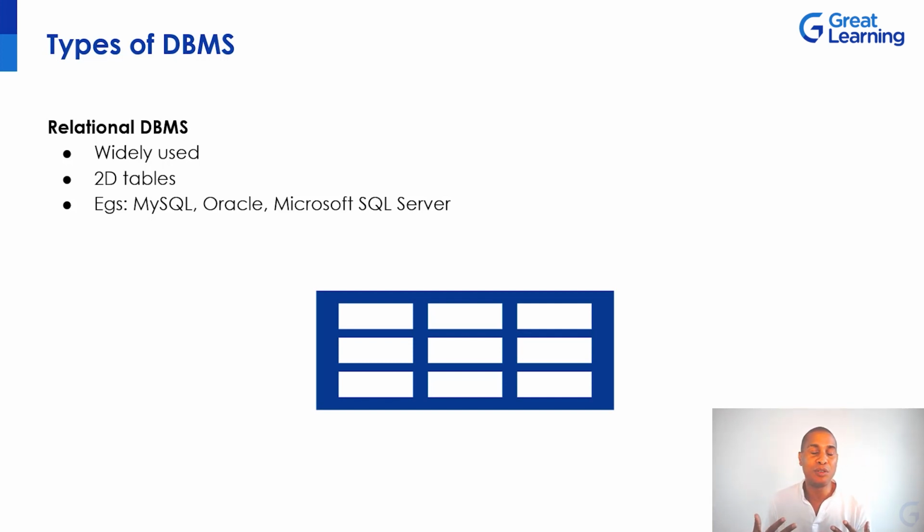Then we can make relationships that connect those tables, which allow us to have a quite flexible and modeled database. The relational database management system is used by MySQL, Oracle, Microsoft, and usually you're looking at 2D tables. So keep that in mind.